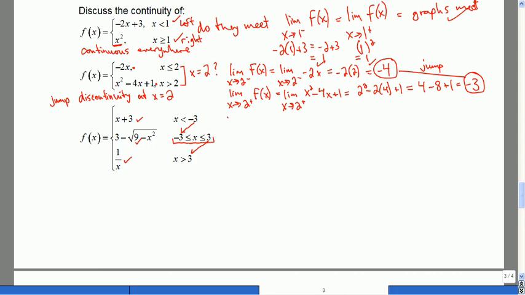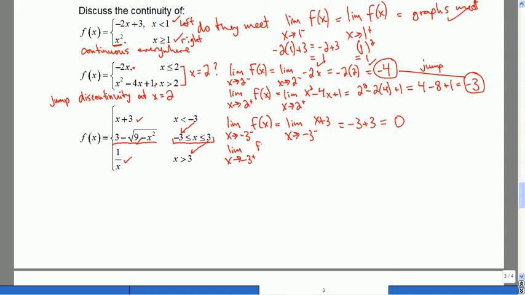So the first time, I have to take a look at the limit as x goes to negative 3 from the left of f of x, which is the limit as x goes to negative 3 from the left of x plus 3. So that's 0. If I look at the limit as x goes to negative 3 from the right side, I'm now on this function.